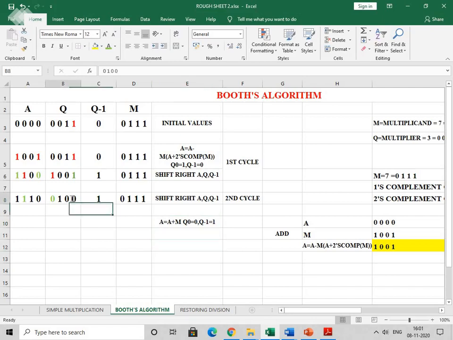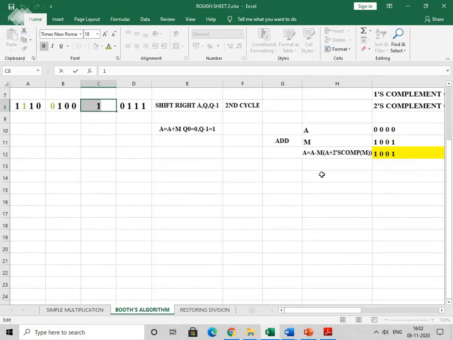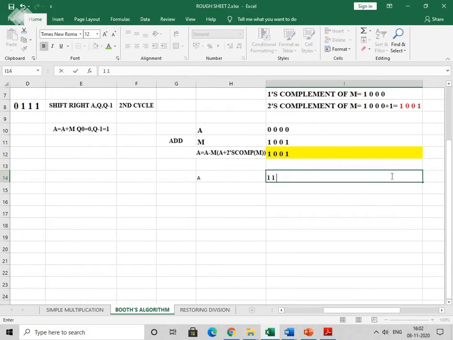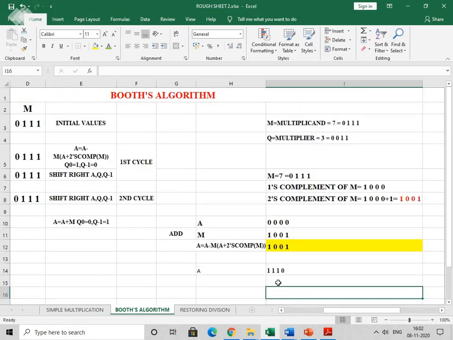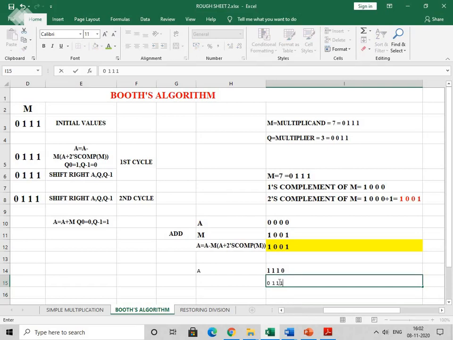See, I will show it once again. Q0 bit is 0 and Q minus 1 is 1. So in flowchart, if Q0 is 0 and Q minus 1 is 1, then we add A equal to A plus M. Okay, so in the second cycle, what is the value of A? It is 1 1 1 0 and the value of M will remain as it is same. So value of M is 0 1 1 1.